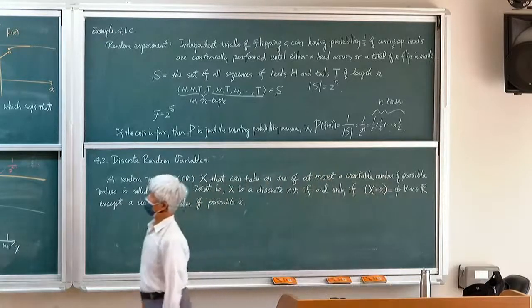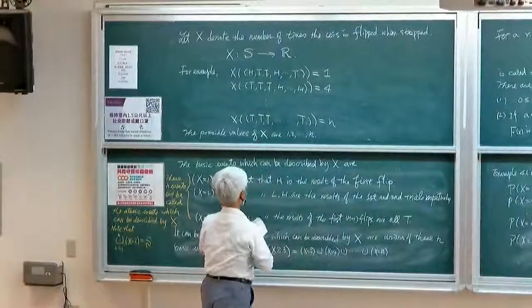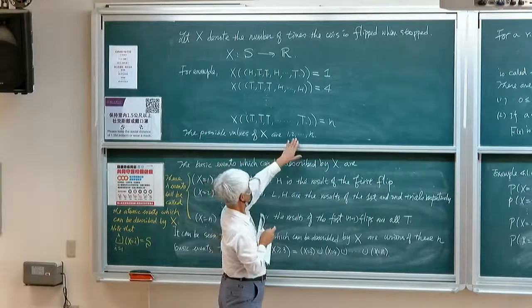All right. So for this example, X can have a value 1, 2, 3, up to n.